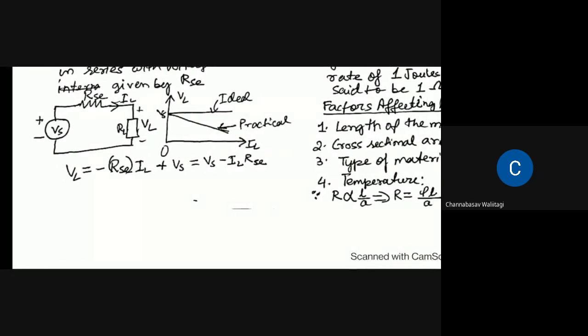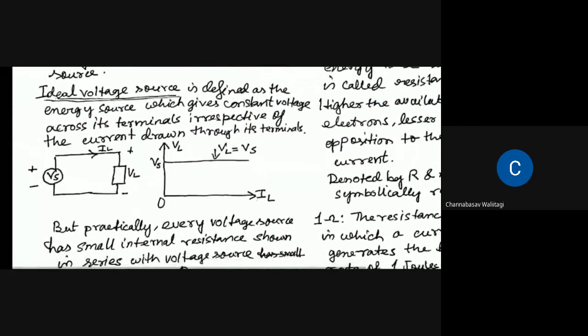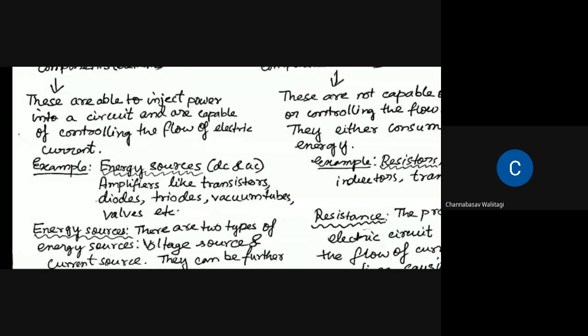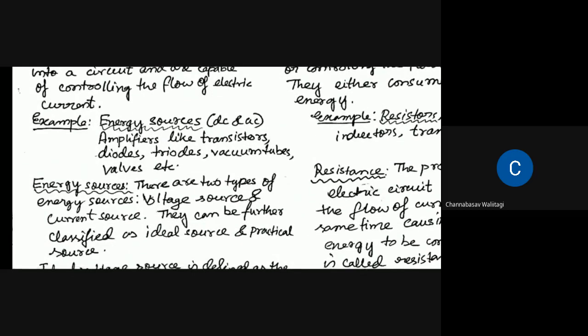And we were talking about ideal voltage source. Okay, now coming to the voltage sources, I mean the energy sources. Energy sources are of two types: voltage source and current source. And they can be further divided into ideal source and practical source.